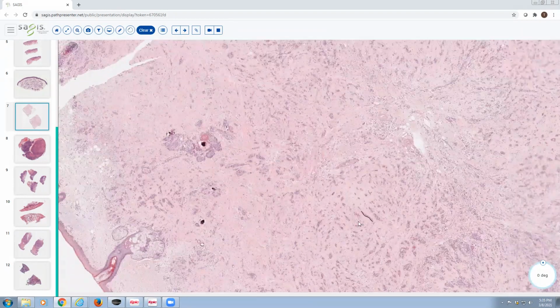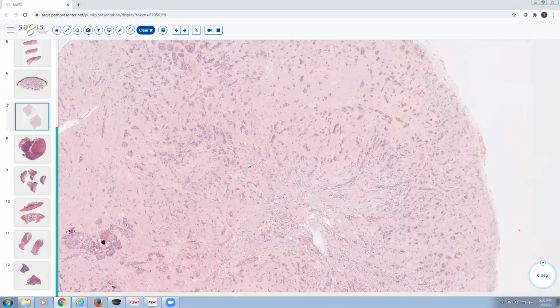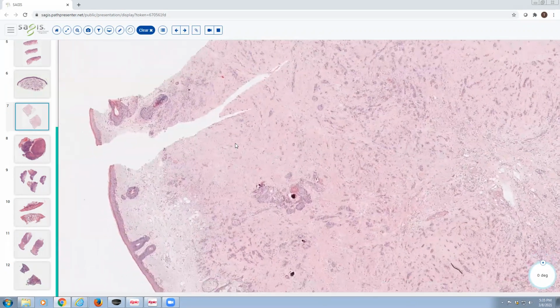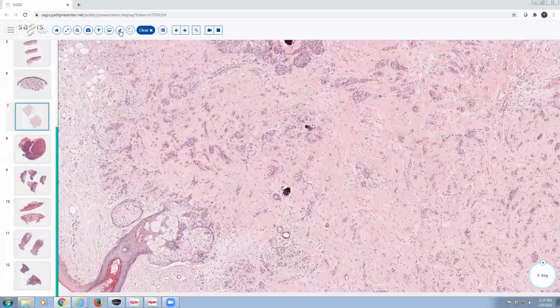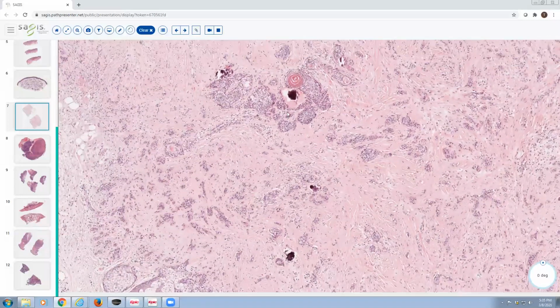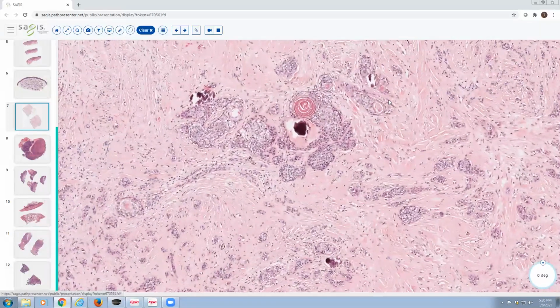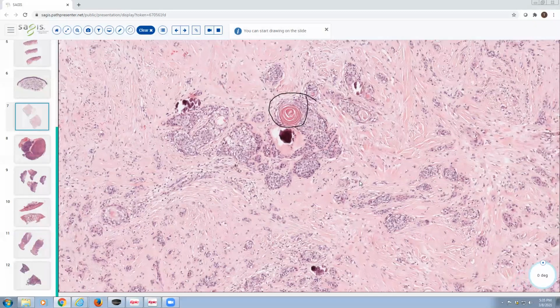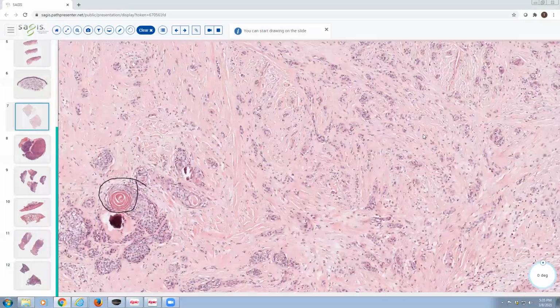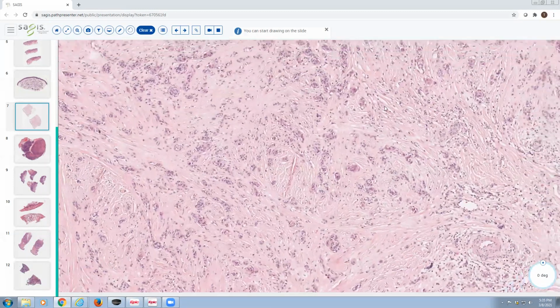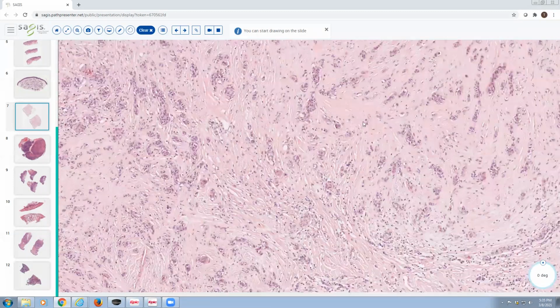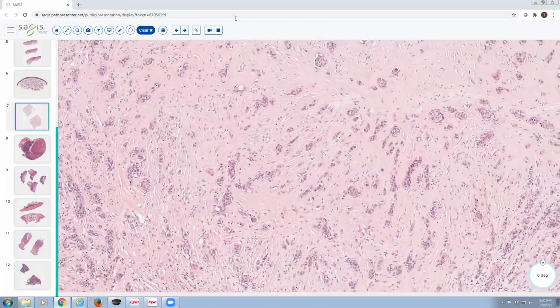So I'm going to start at the surface, and I'm looking at the surface aspect of this, and this is where I'll find more follicular type of differentiation, some of those concentric rings of pink keratin. As I move towards the deeper aspect of this neoplasm, I start to see more of an eccrine ductal pattern.